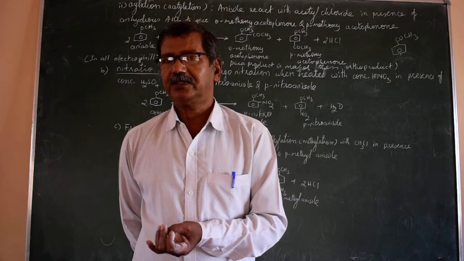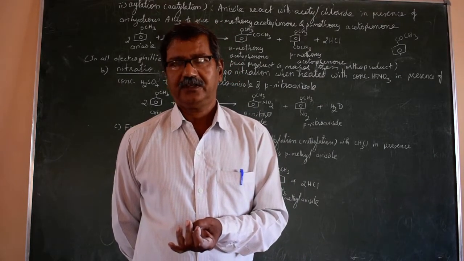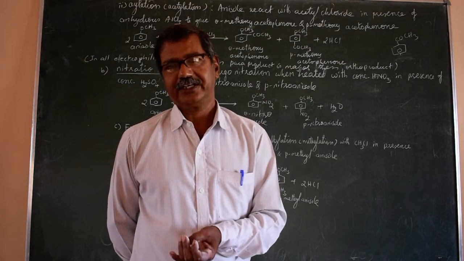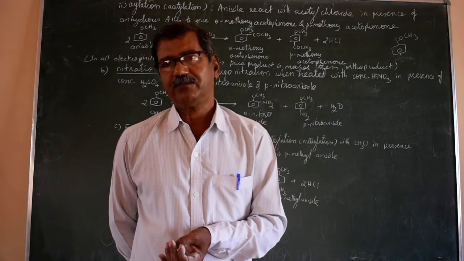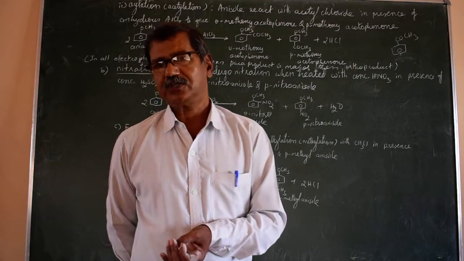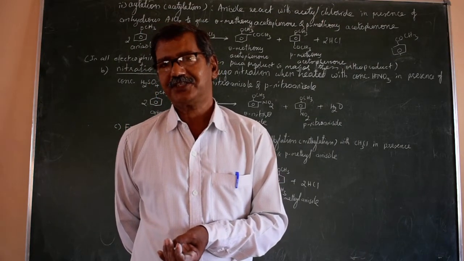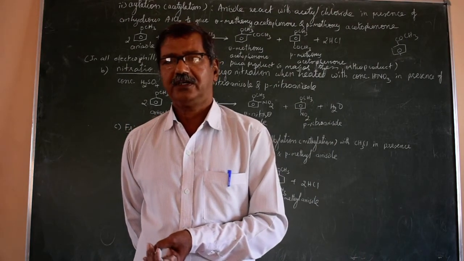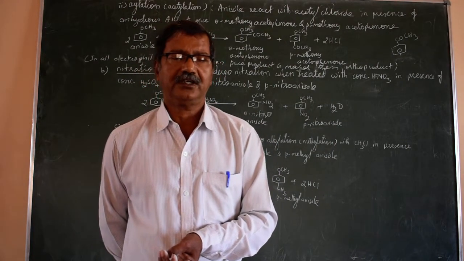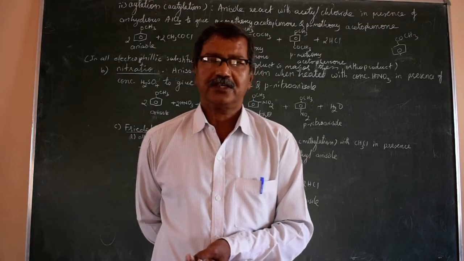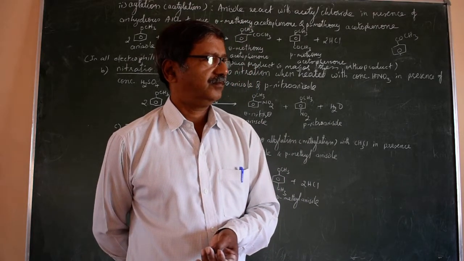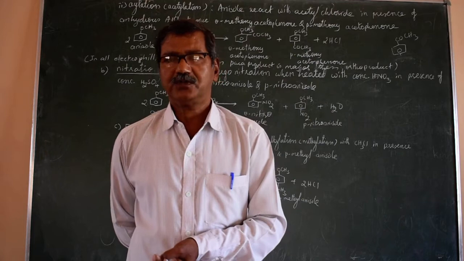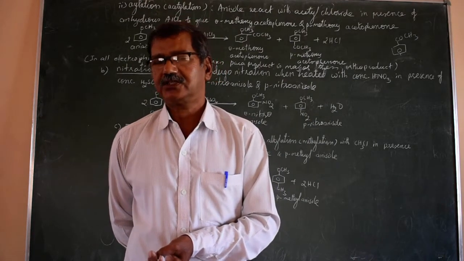You have to remember the formula of cumene and what are the steps involved in the reaction. Why is the cumene reaction important? This is because you are getting one more product, that is acetone, as a byproduct. That chemical is also important. Acetone is used as a solvent and also in the pharmaceutical industry.